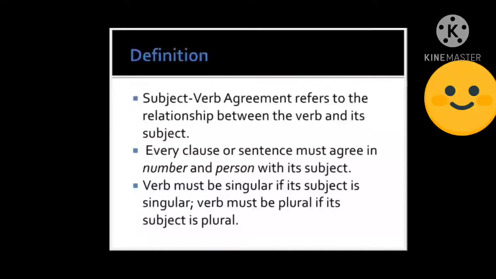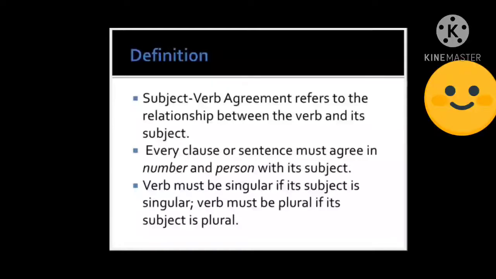Verb must be plural if its subject is plural. From this we understand there must be an agreement between the subject and the verb, in person and number.